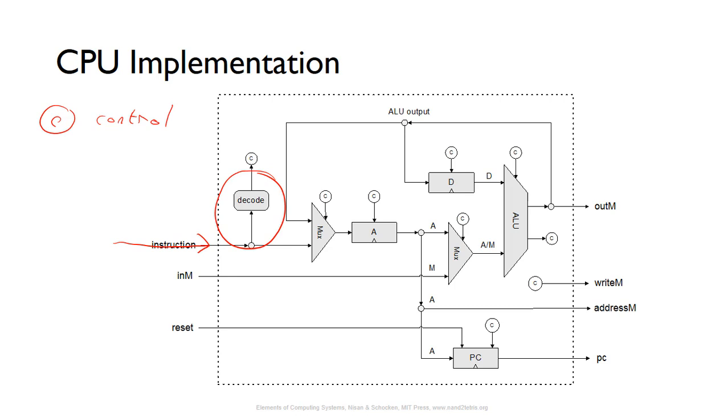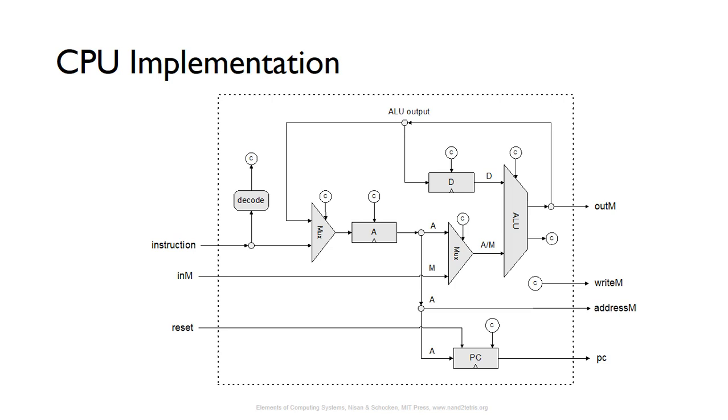Depending on how you decode that, you will then determine how these other C bits, control bits around the CPU, behave. This comes from this decode block, but the decode block is not a physical chip. It's more a series of combinational logic spread out across the CPU.